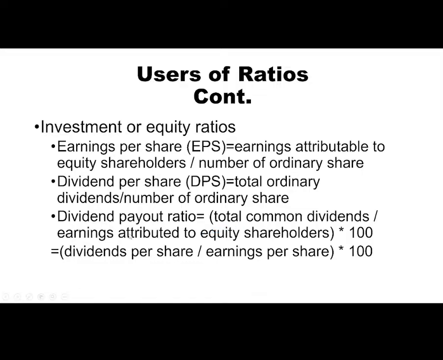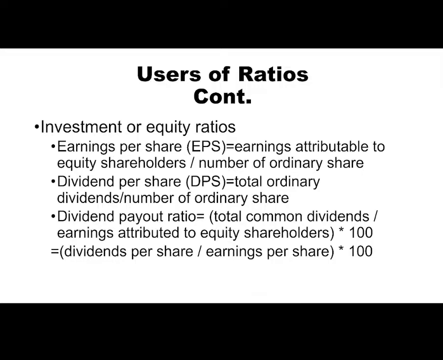You get the dividend payout ratio. Or you can use this formula: dividends per share, you divide it by the earnings per share, then the result you multiply by 100.